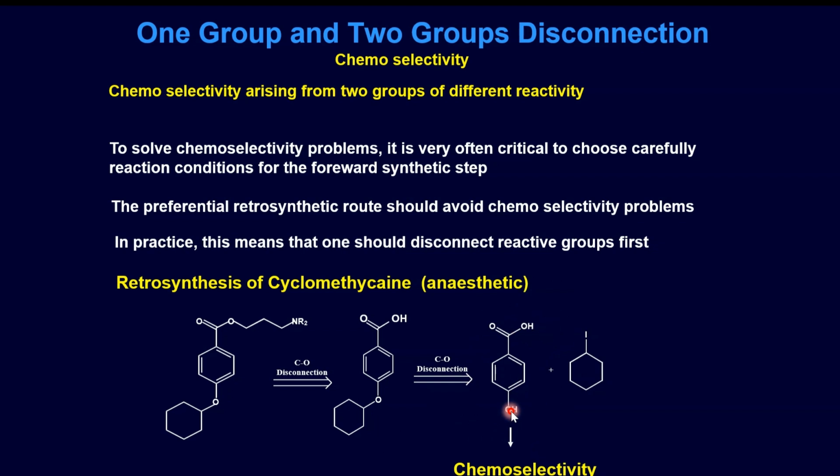Though they are both OH groups, one is phenolic, another is carboxylic. Carboxylic are more acidic, phenolic compounds are weakly acidic. That's why we go for preferential reaction conditions such that only the phenolic OH group reacts. How can we approach? What strategy can we follow?